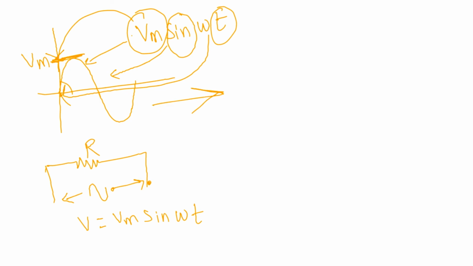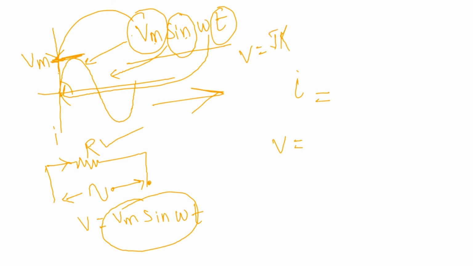V is equal to IR. So how can you calculate I? I is equal to V upon R. So what is the voltage right here?